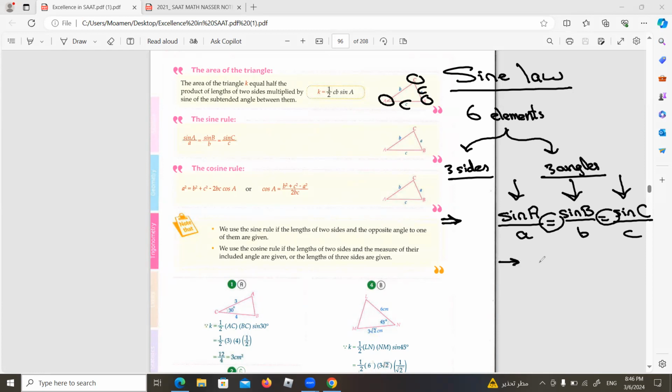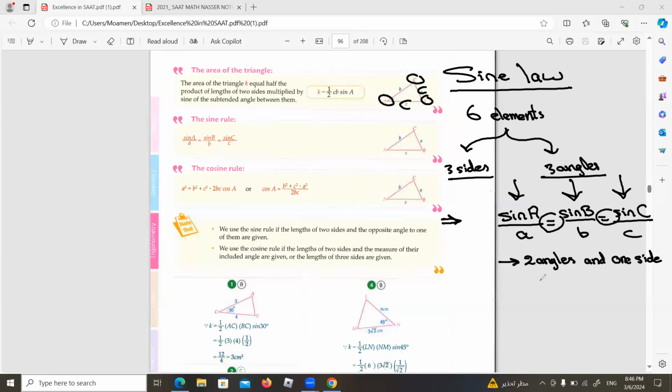The first case: if he gives me two angles and one side, even if the side is included between the two angles or outside the two angles.